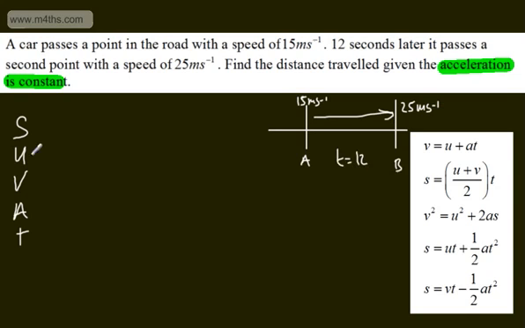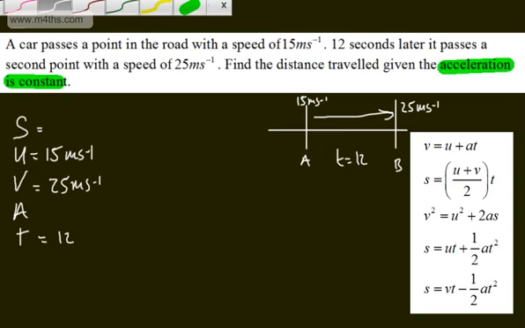So let's just plug this information in. 15 meters per second, 25 meters per second, that's the final velocity. The time is going to be 12, and we want the distance. So we're looking for the distance, which is essentially the displacement.